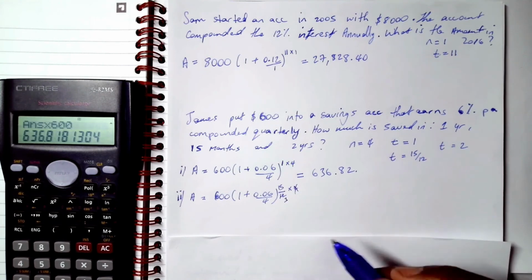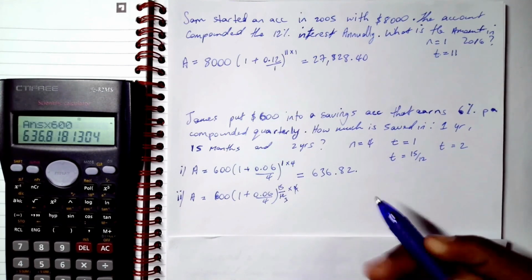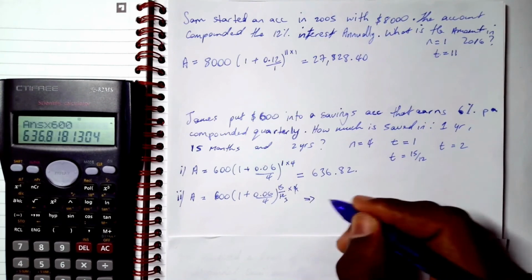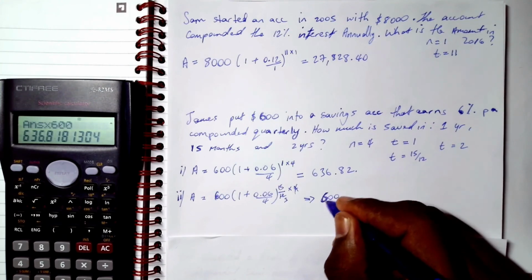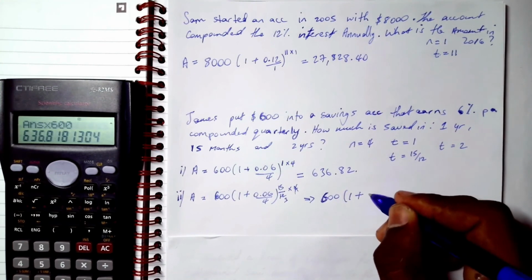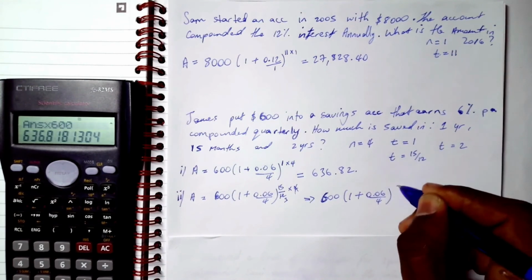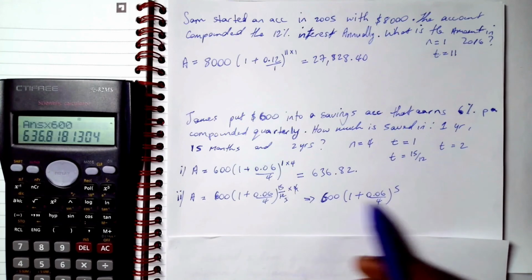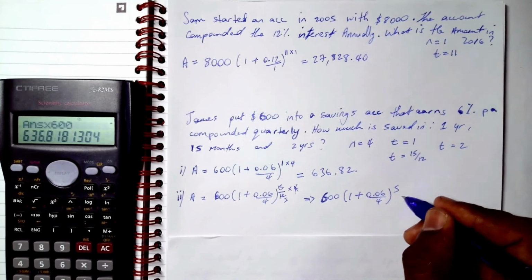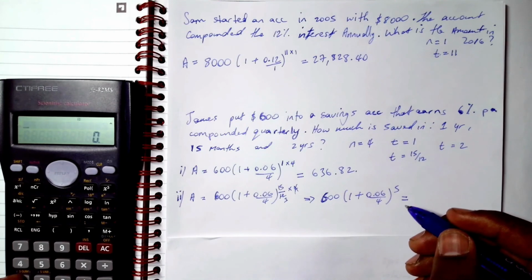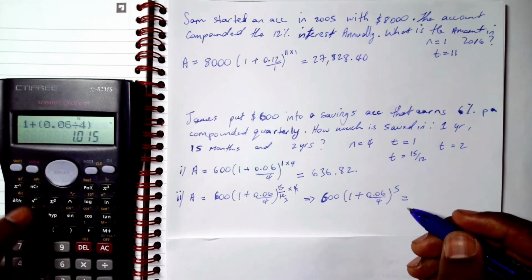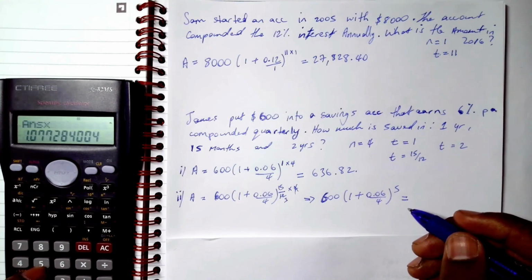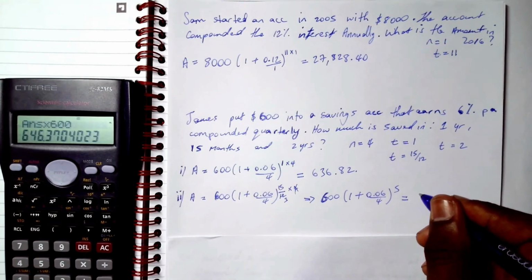What's left is 3. 3 into 15 goes 5 times. Therefore, let's write it cleaner. It's actually 600 times 1 plus 0.06 over 4 raised to the power of 5 because this simplifies to 5. And this is equal to, we get our best friend, 1 plus bracket 0.06 divided by 4. Raise this to 5 times 600. Wonderful.